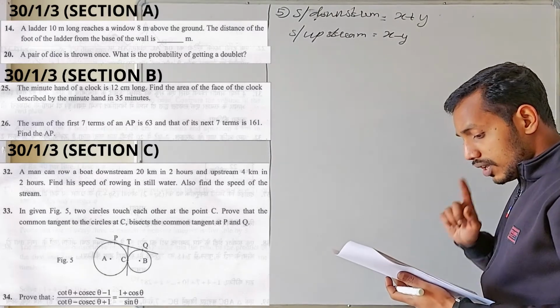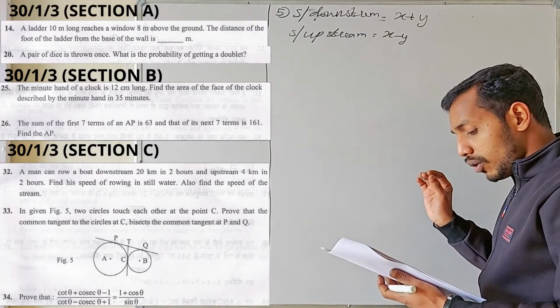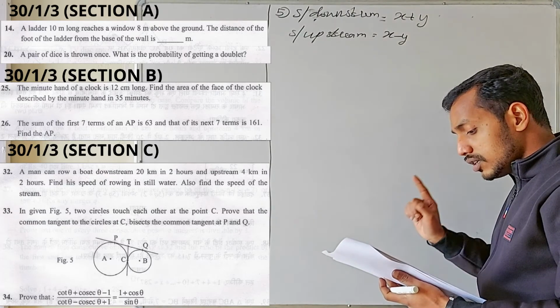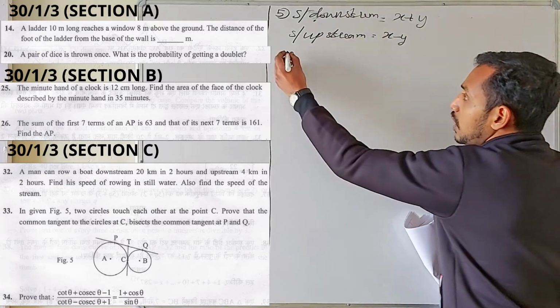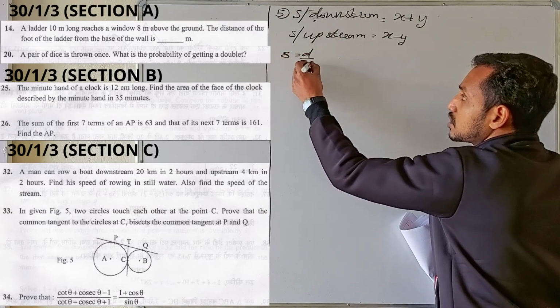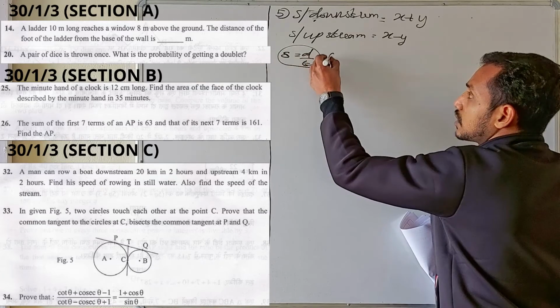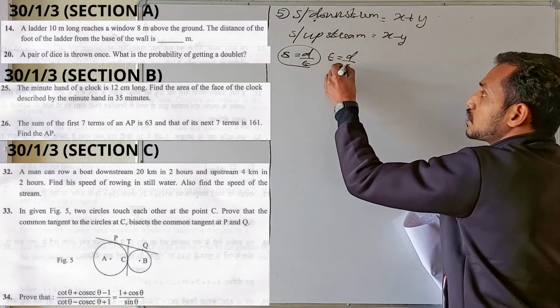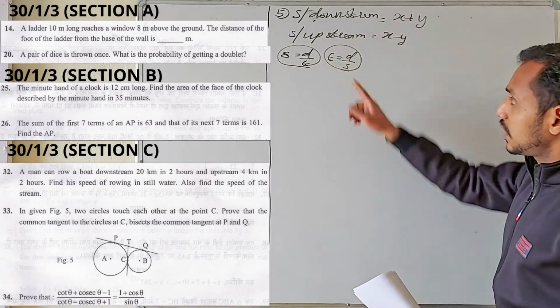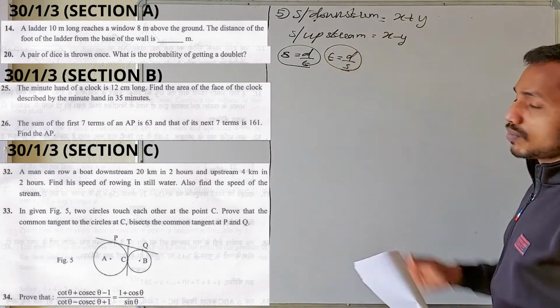And come to the question. A man can row a boat downstream 20 km in 2 hours. So we all have that formula that speed is equal to distance by time, or time is equal to distance by speed, because here the equation is given in terms of time. So we are writing time is equal to distance by speed.